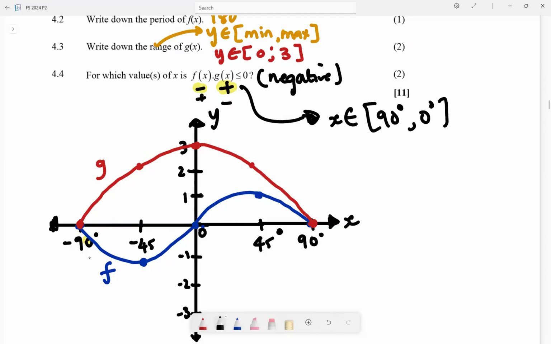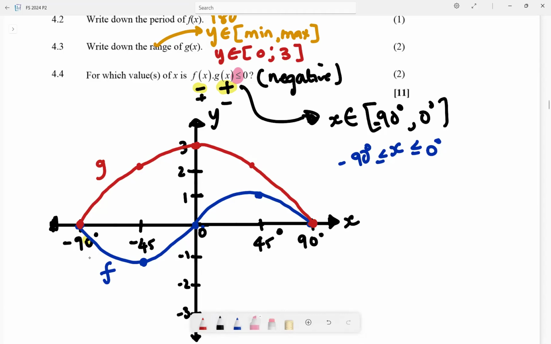Now we are using these brackets. Why? Because the examiner said less or equal. Or if you do not want to use this one, you can say there is an interval for you. You can say x is between negative 90 and 0 degrees.